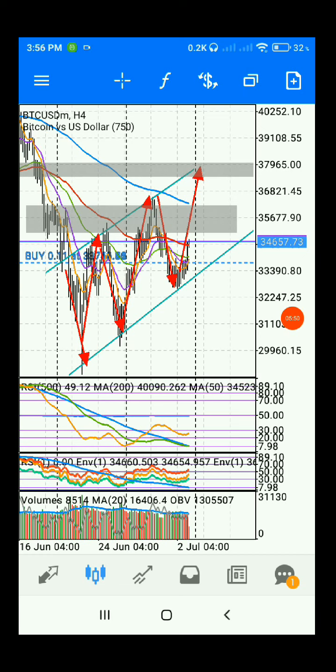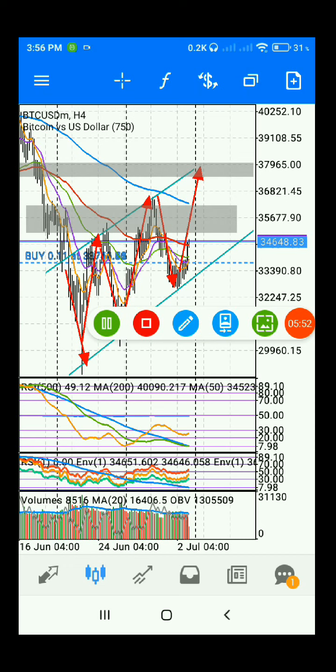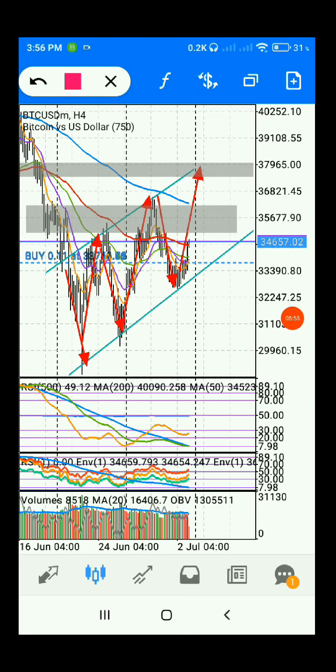So can you say where my take profit area is? I already drew this rectangle. This is my take profit area. Why did I mark this?